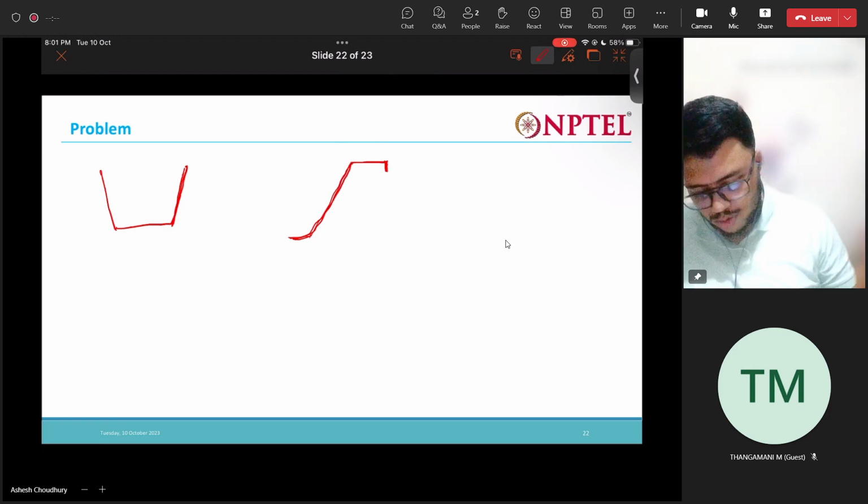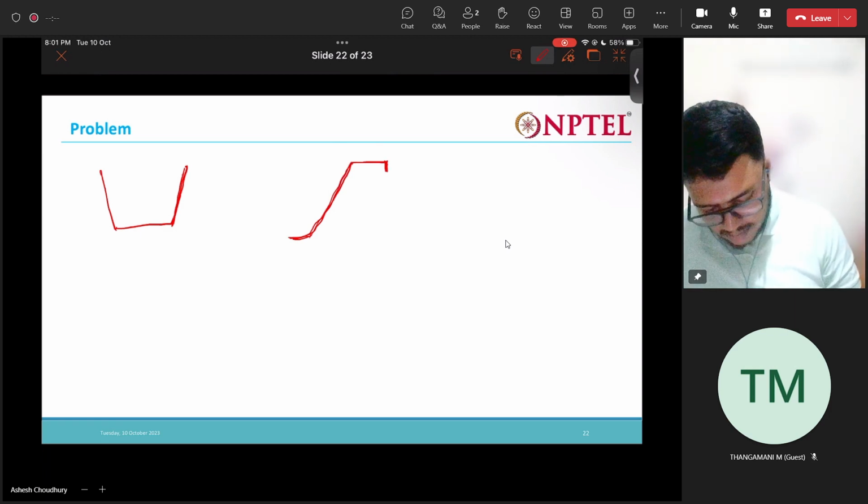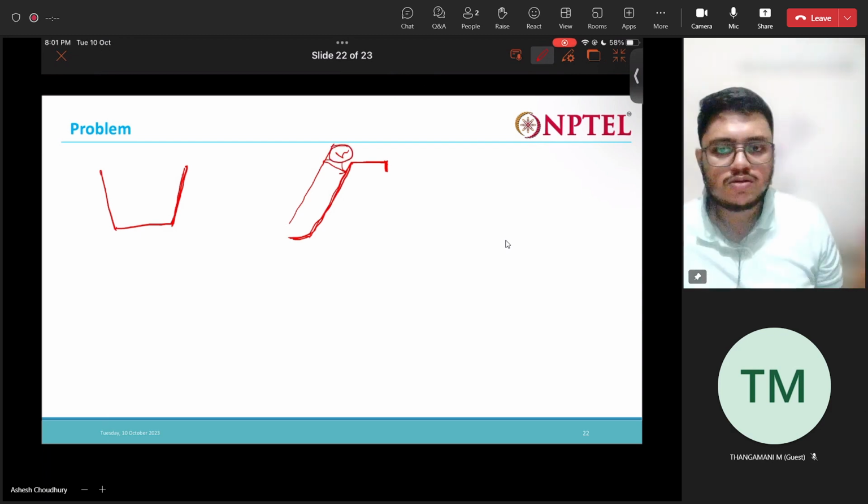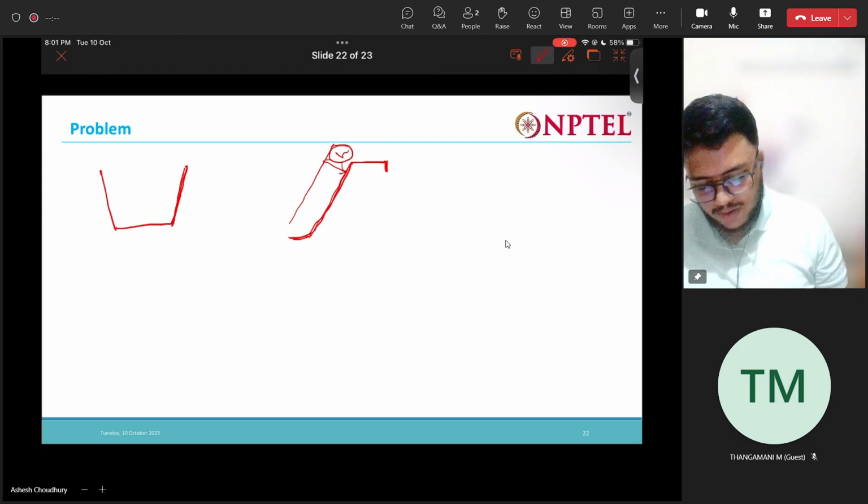Now to cover the geomembrane, we need to put some soil covering over it, right? Of thickness H. How much thickness of soil cover we have to provide, that we will find out.